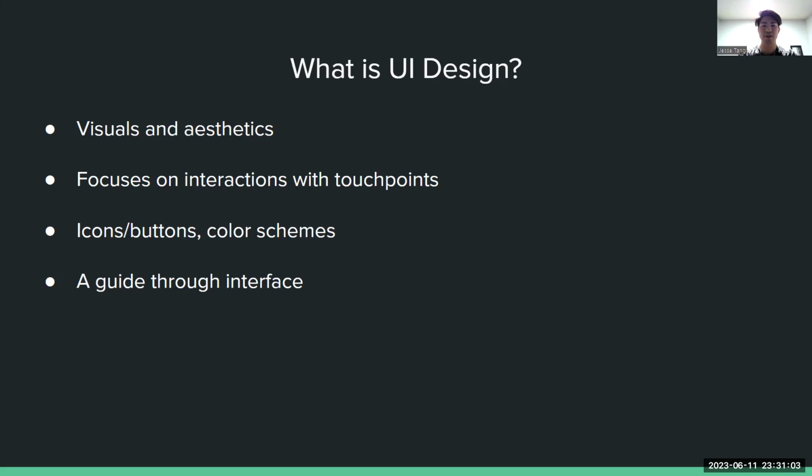Touch points being toggle switches, icons, anything that you pretty much interact with, anything you can press on, which also means like, say there's a text box in an application. Most of the time, you don't want to put such a transparent font on there that people won't know exactly what to write in there.